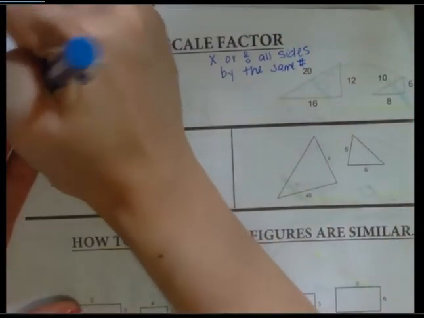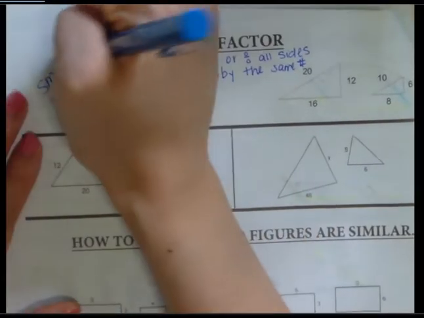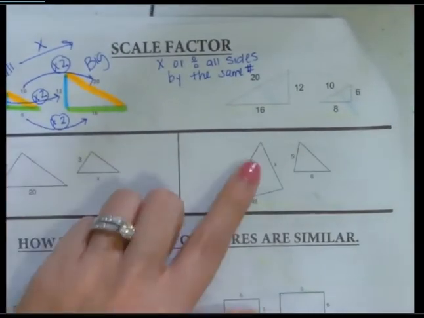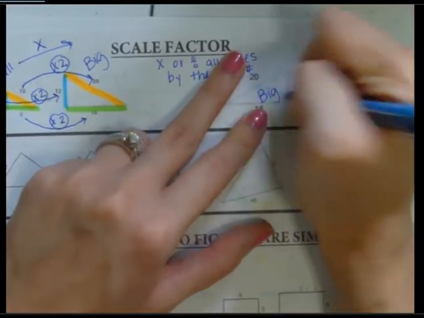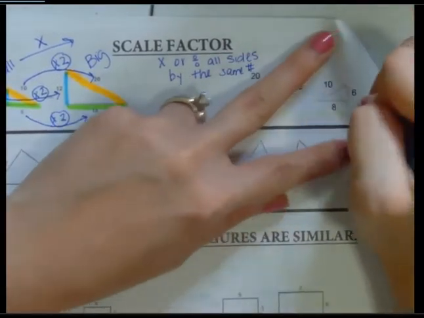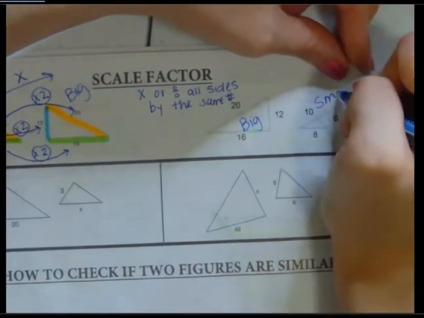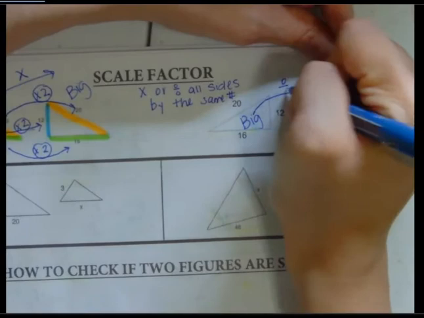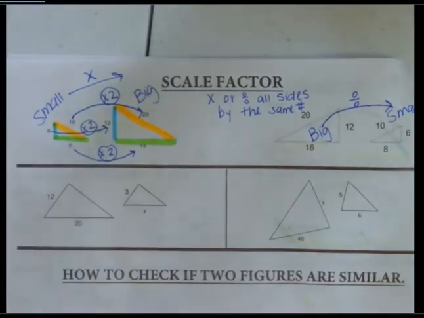Now, when you go from the small to the big one, you have to multiply. But if you're going from big to small, how do you make a big number smaller? It's going to be division. Now, it's only multiplying or dividing.